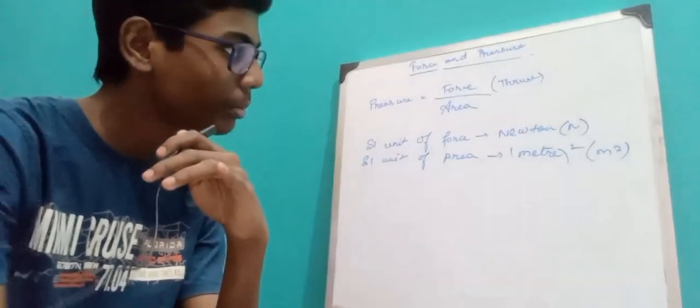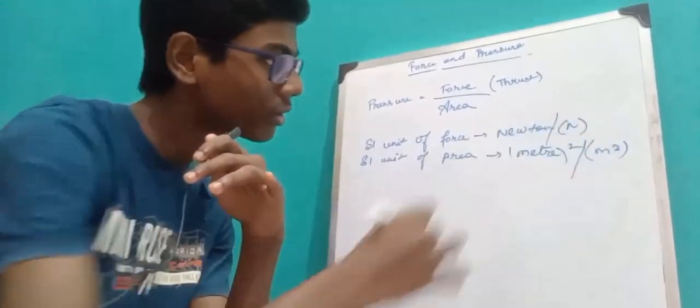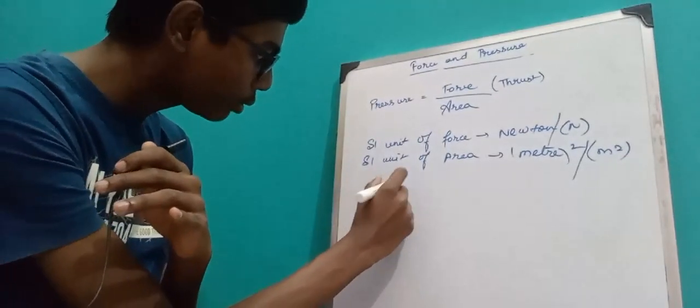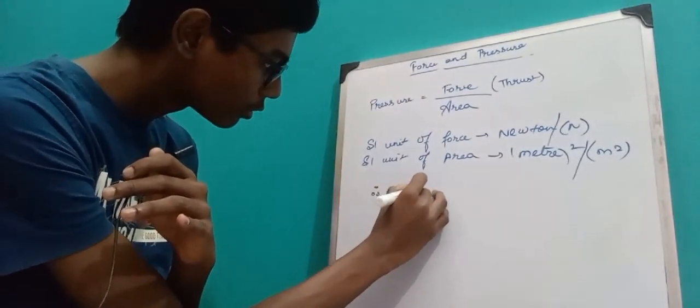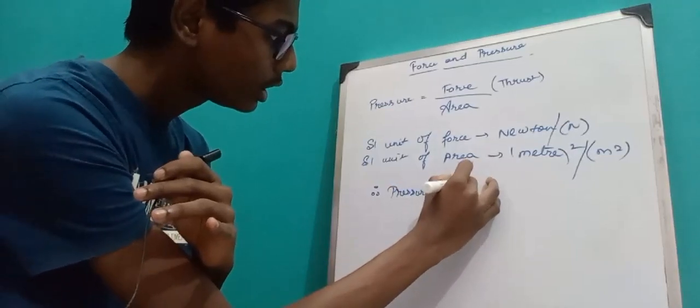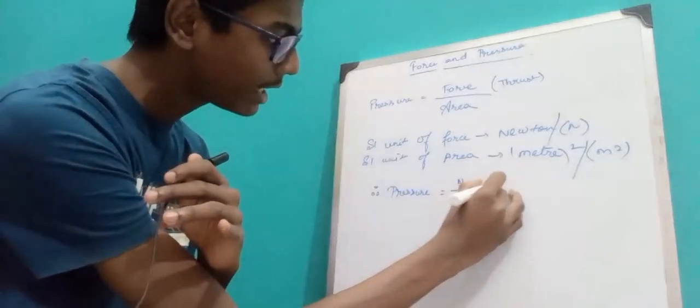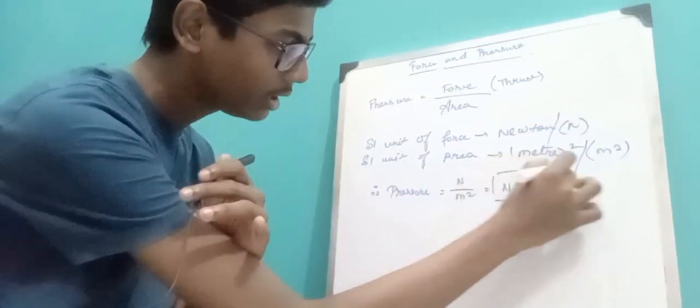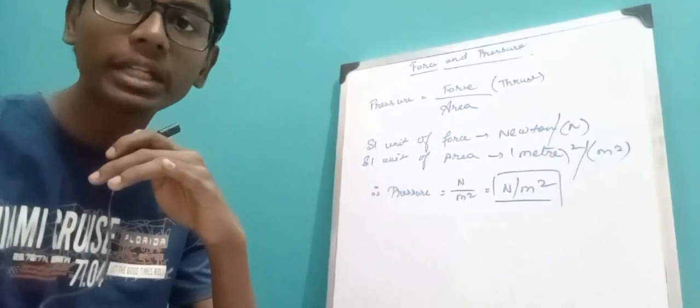Right? Meter square. Therefore, pressure equals Newton per meter square. It can also be written in this format, Newton per meter square.